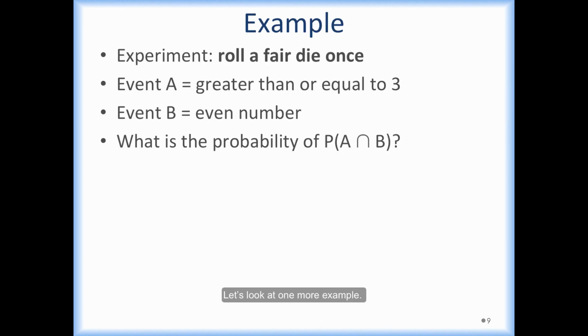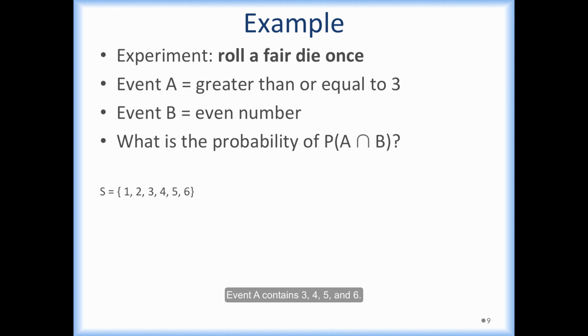Let's look at one more example. In an experiment of rolling a fair die once and knowing the number, let event A be greater than or equal to 3. Let event B be even number. What is the probability of A intersect B? We know that there are 6 possible outcomes that are equally likely.